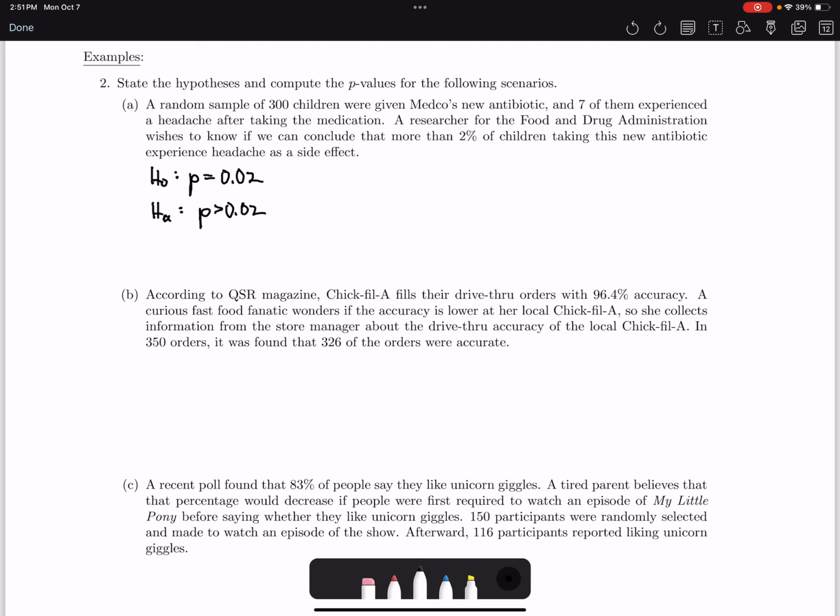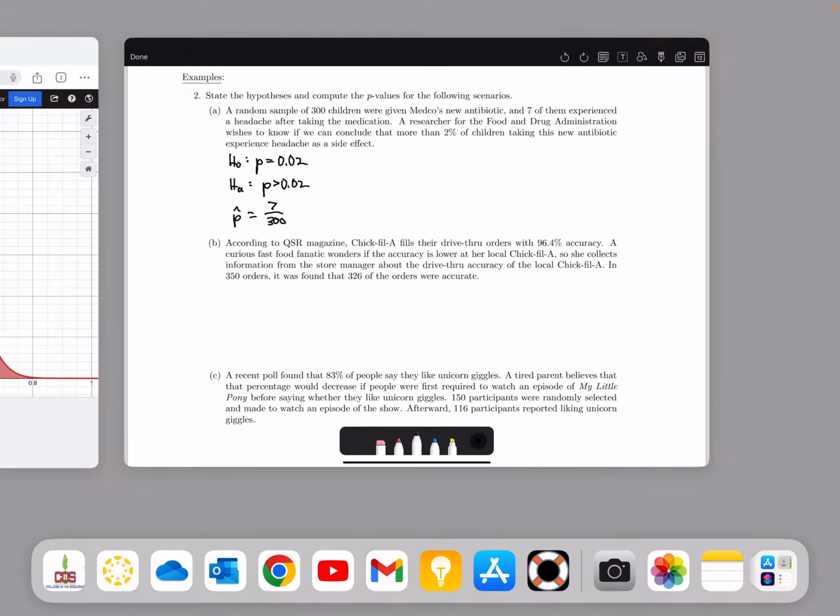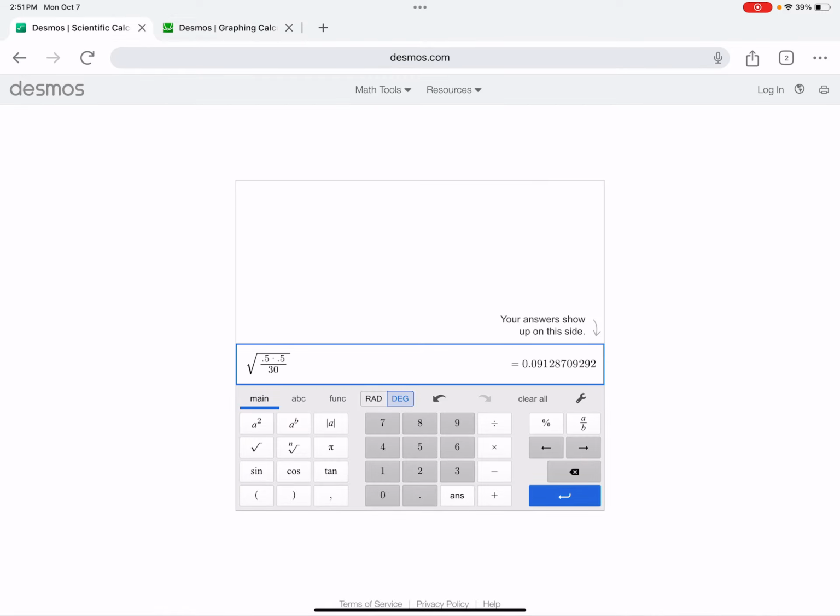The sample evidence that we have, our sample proportion p hat, was that 7 out of 300 children experienced headache as a side effect. 7 out of 300 is about 0.023.